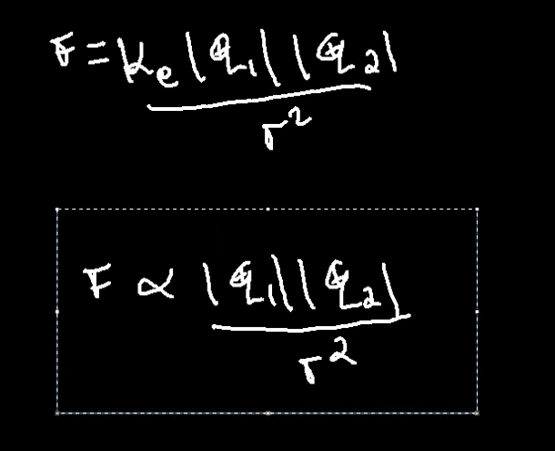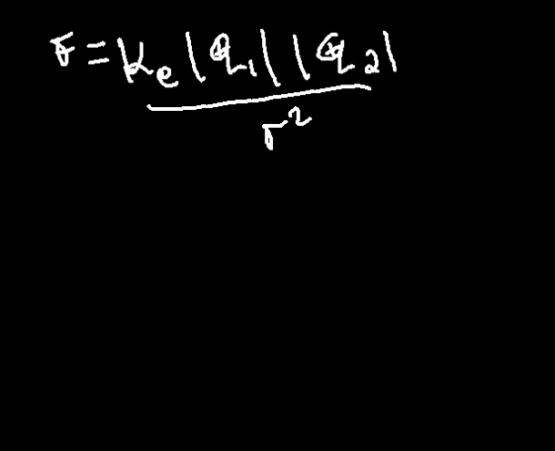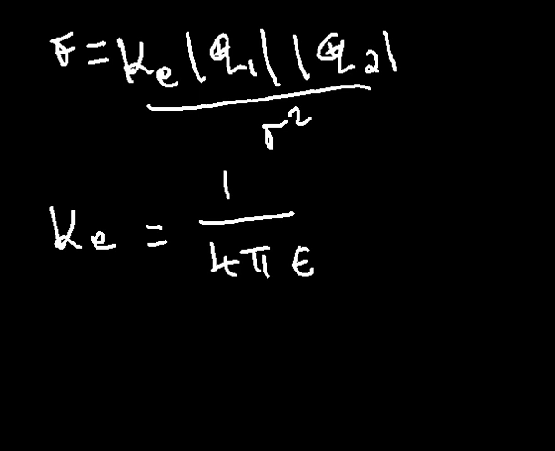Now the constant K is said to be the Coulomb electric constant. It is simply called Coulomb's constant. And what is the basis of that Coulomb's constant? It is given as Ke, which is given as 1 over 4 pi epsilon naught, where epsilon naught is the permittivity of free space.